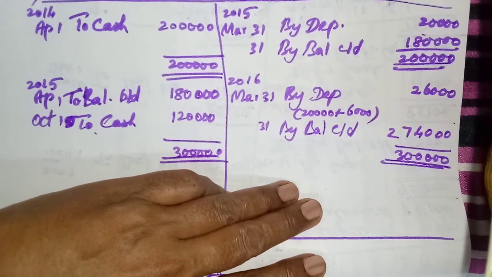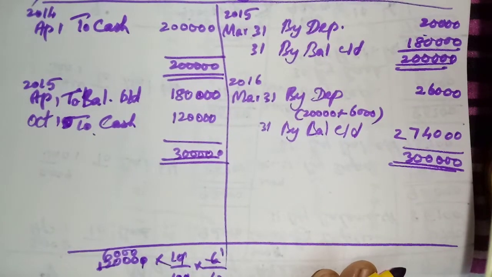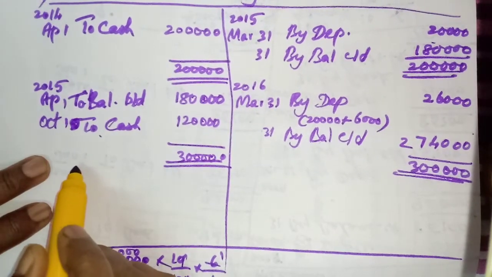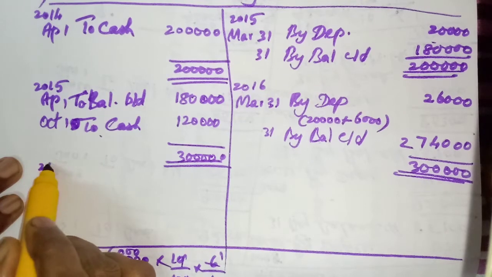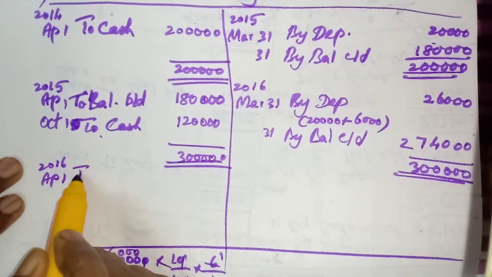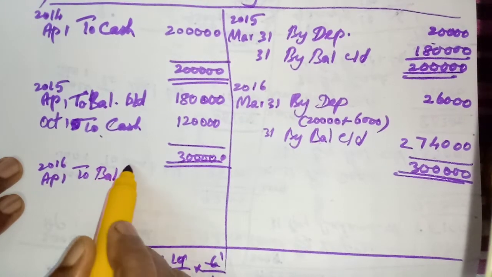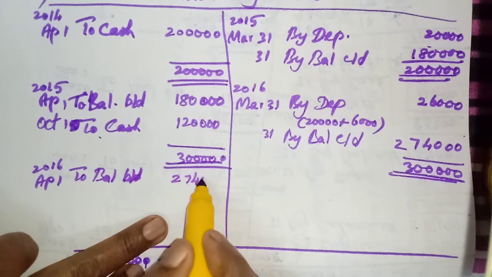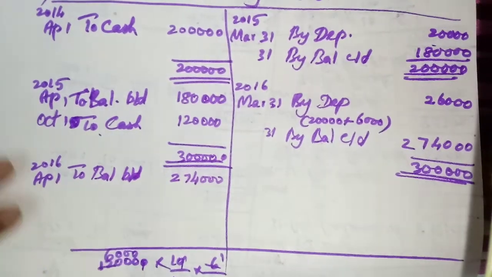So 2,74,000, isn't it? Now that one we need to write here. Okay, so next one, 2016 April 1, to balance brought down 2,74,000.